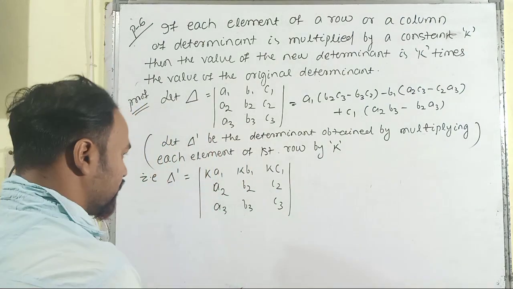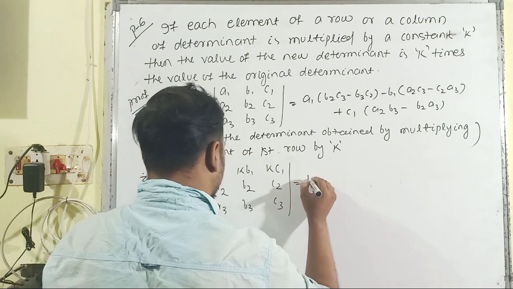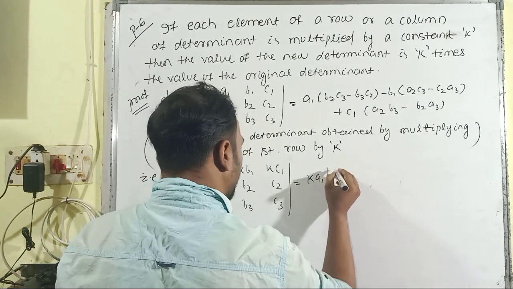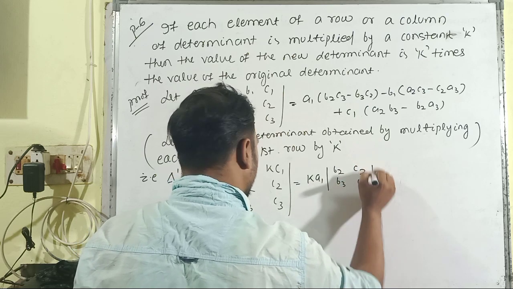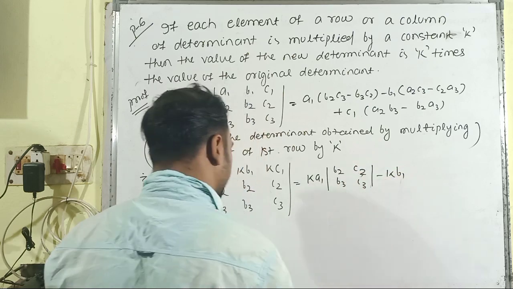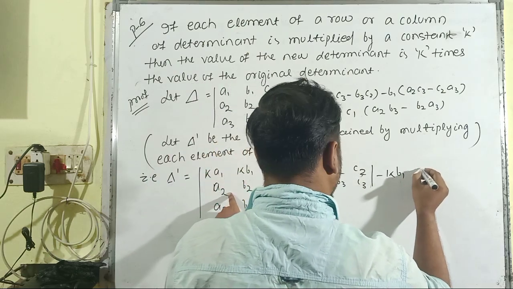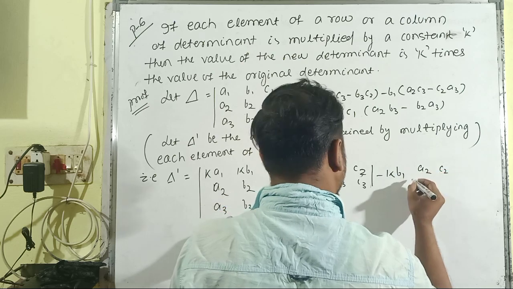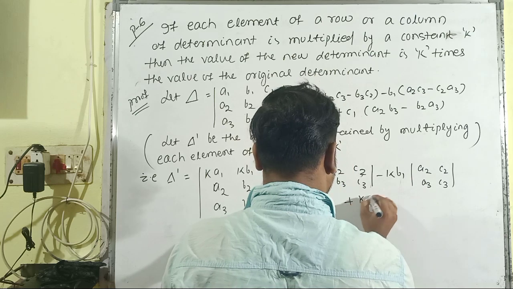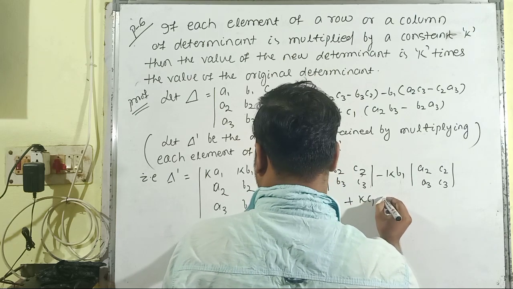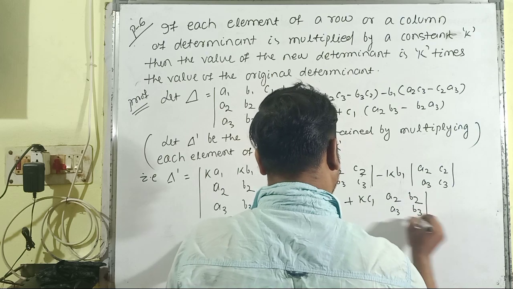Then just expanding it, we can have k a1 times the determinant of b2 c2, b3 c3, minus kb1 times the determinant of a2 c2, a3 c3, plus kc1 times the determinant of a2 b2, a3 b3.